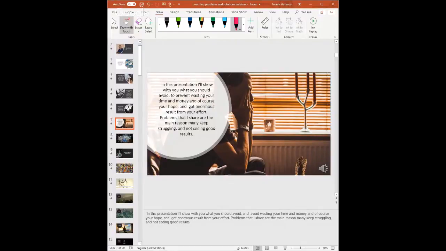And if someone else is writing your script, it may not be congruent with your feelings about your prospects. You will not reflect that in your engagement and communication if it's done by someone else, right?